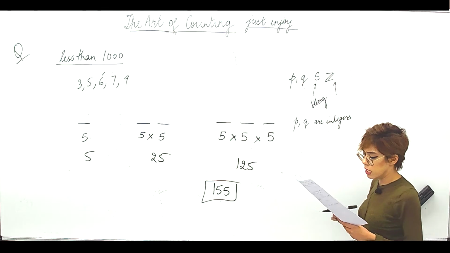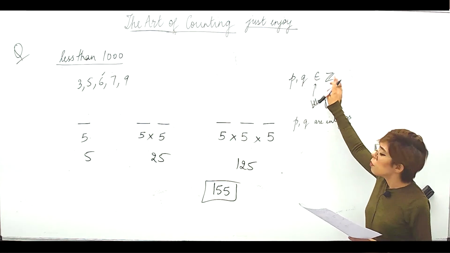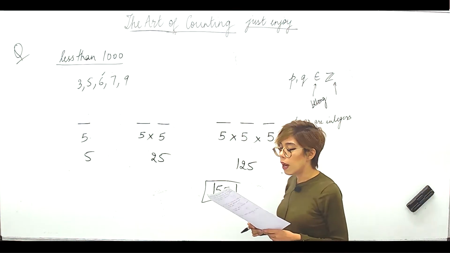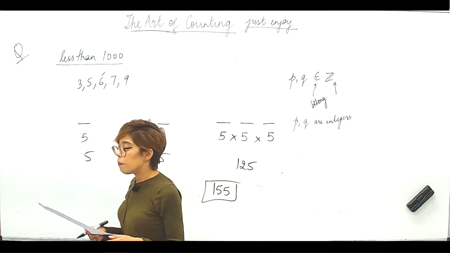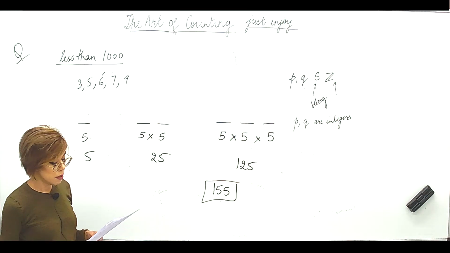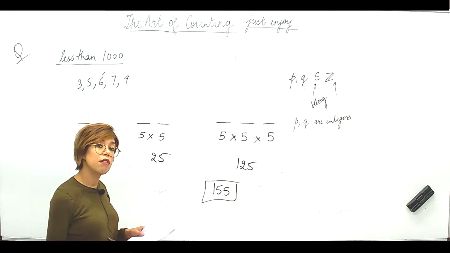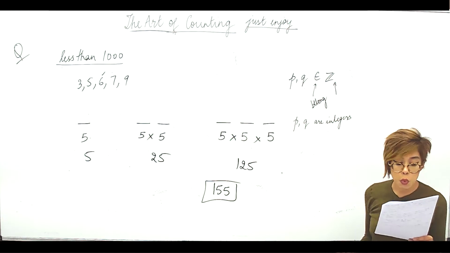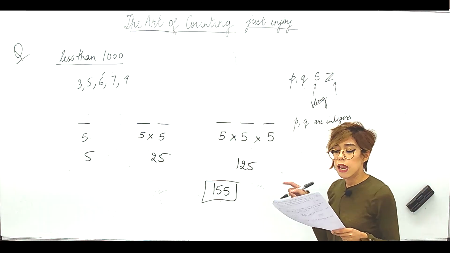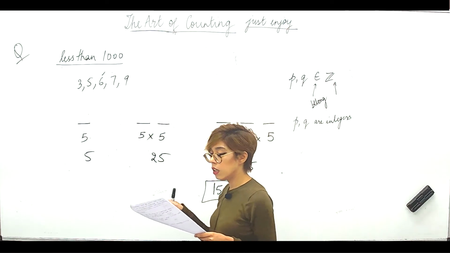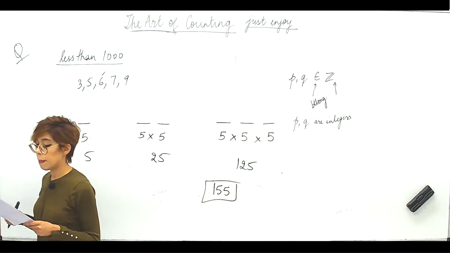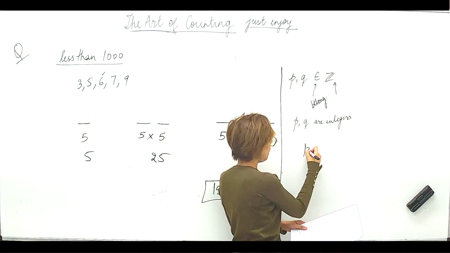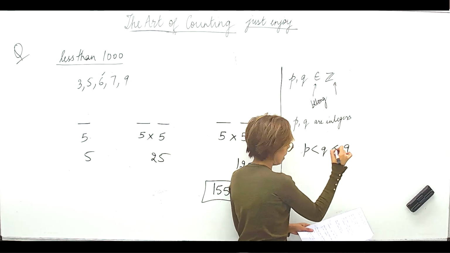Okay, so I'll use this directly. Let P, Q belong to integers and if P lies between 1 and 3, both inclusive, and Q lies between 2 and 9, both inclusive, also P less than Q less than equal to 9.